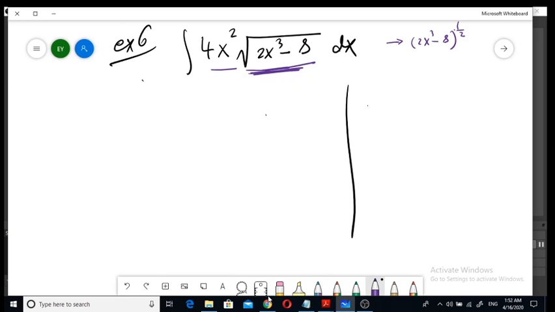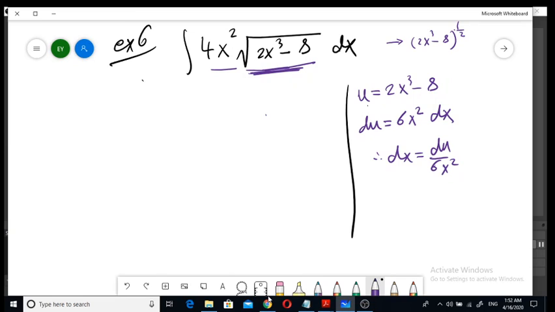So again we have a product of two functions, so we can integrate by the u substitution. We're going to identify u and du. u is going to be the inside function, which is 2x cubed minus 8, and du is 6x squared dx. Then dx is equal to du over 6x squared.